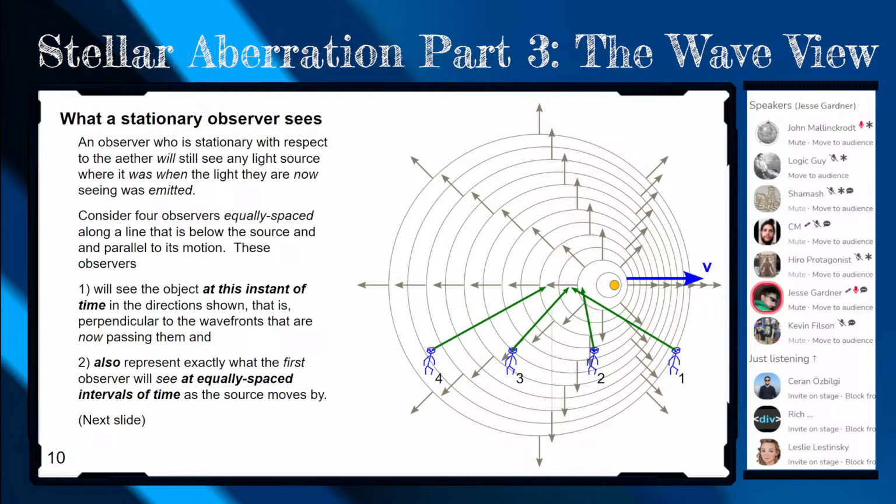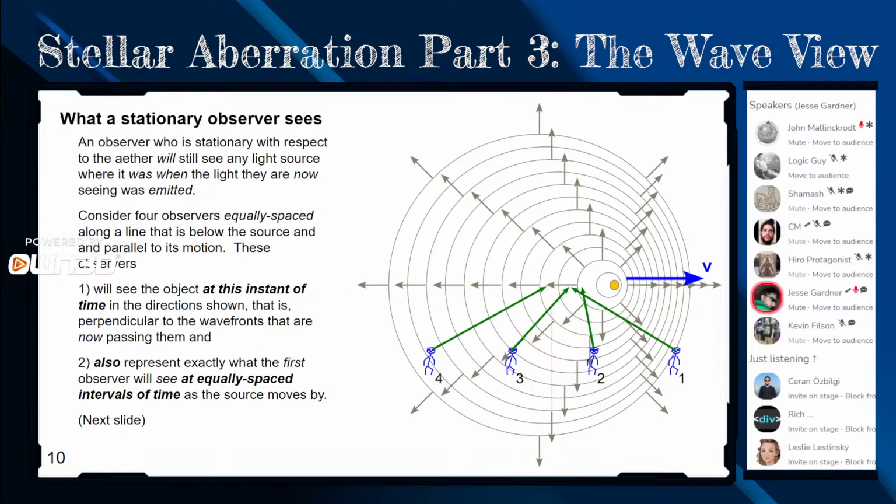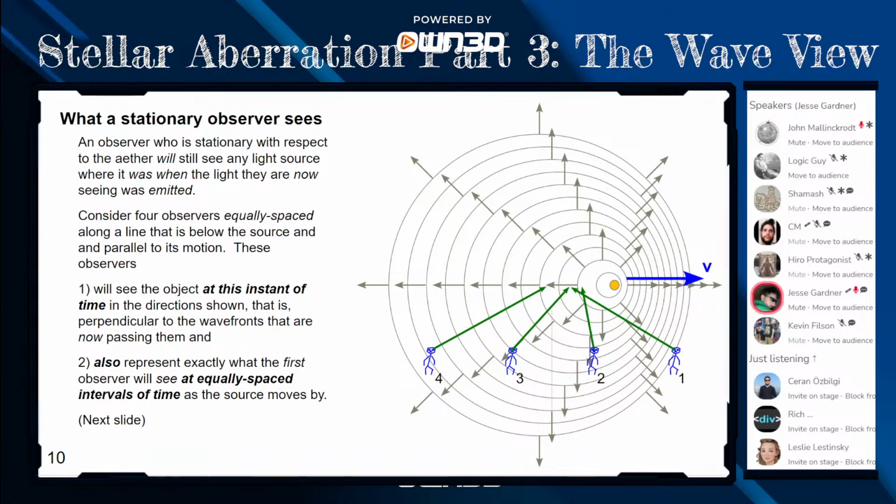All of the circles will have gotten larger, but each one will have been replaced by a new one, and the entire pattern, as it looks there, will simply be moved to the right by a distance equal to the distance between observer 1 and observer 2. So observer 2 really just represents what observer 1 will be seeing in a bit. Observer 3 represents what observer 1 will be seeing twice as long in the future. And observer 4 represents what observer 1 will be seeing 3 times as long in the future.